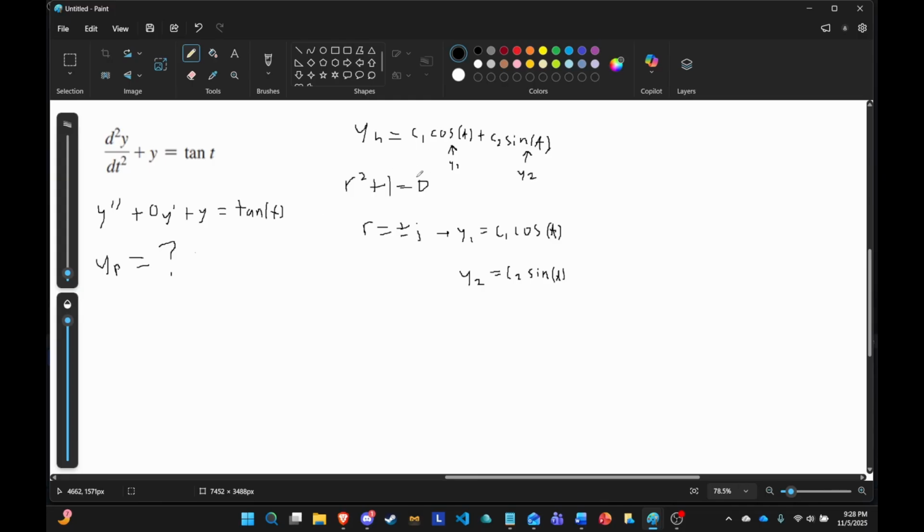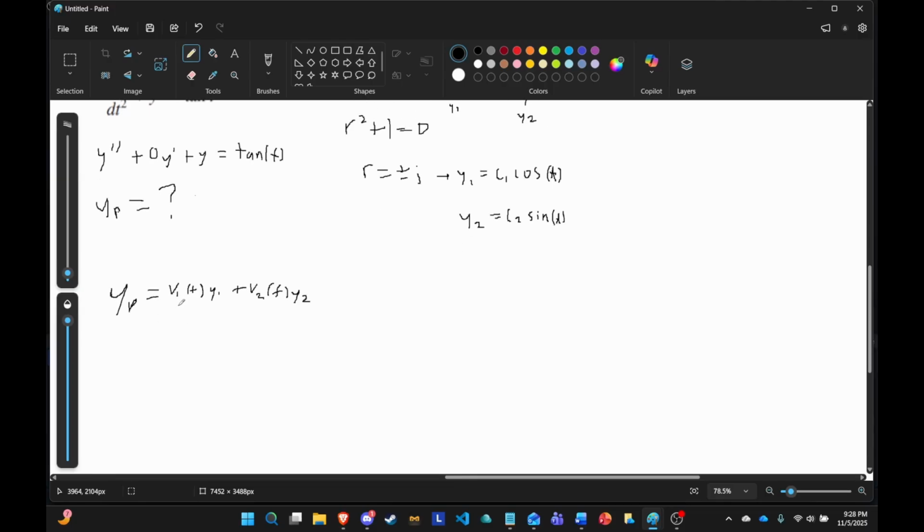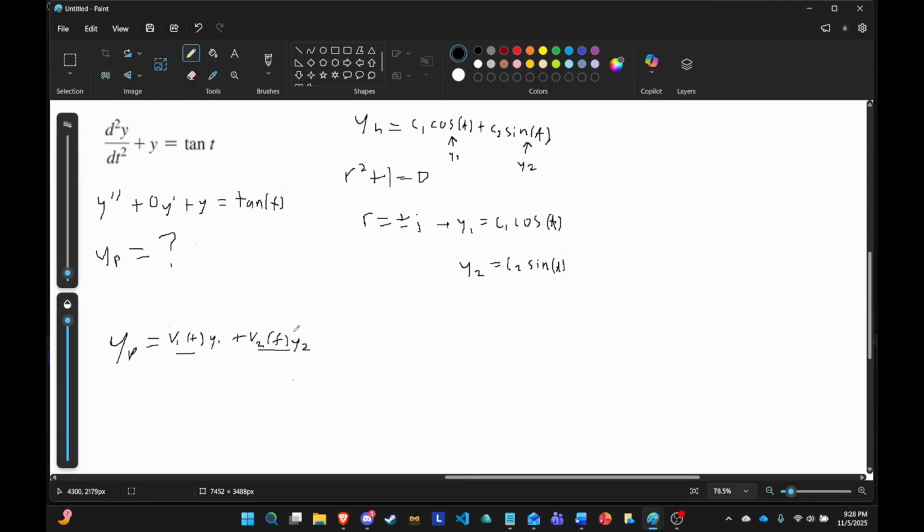What we can do from here is now set up a particular solution that looks like this. It's going to be yp equals v1 of t times y1 plus v2 of t times y2. Now what I just did was make up two arbitrary functions of t called v1 and v2.